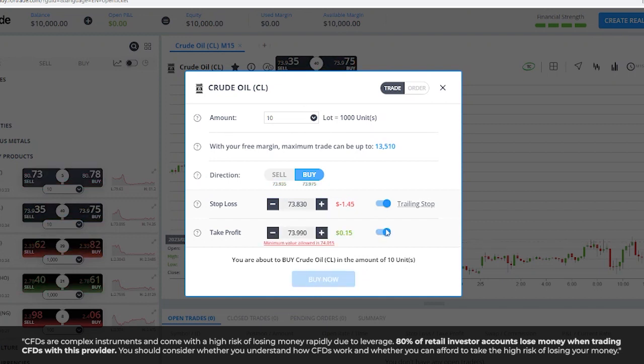In this case, we are opening a buy position, meaning that your stop loss level should be under the current price rate. The take profit level is going to be above the current price level in order for you to collect profit in the price change. Now your position is set and you can click on the buy button to open it.